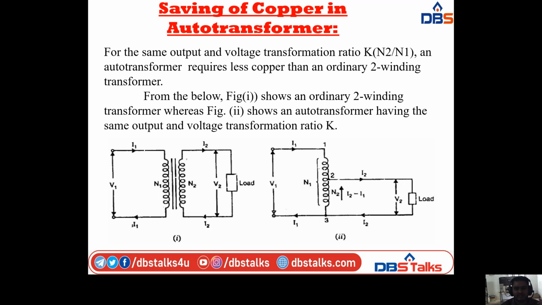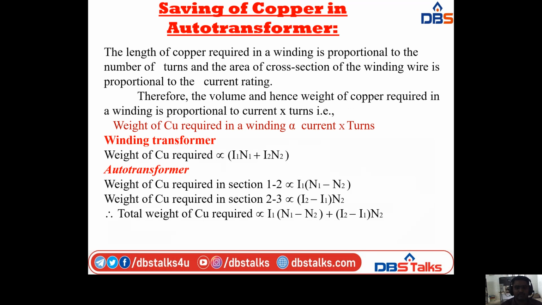So the total weight of copper required is proportional to I1 (N1 minus N2) plus (I2 minus I1) N2.